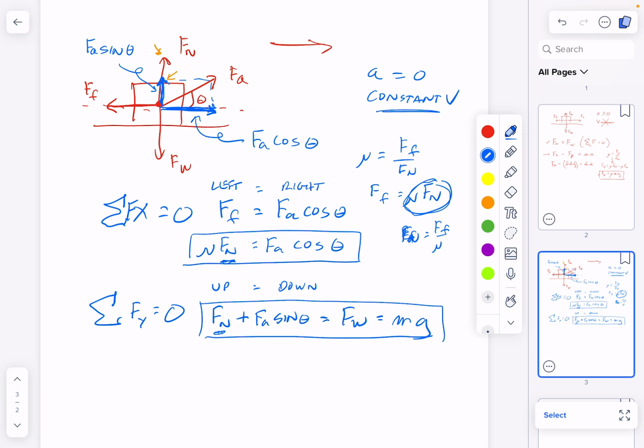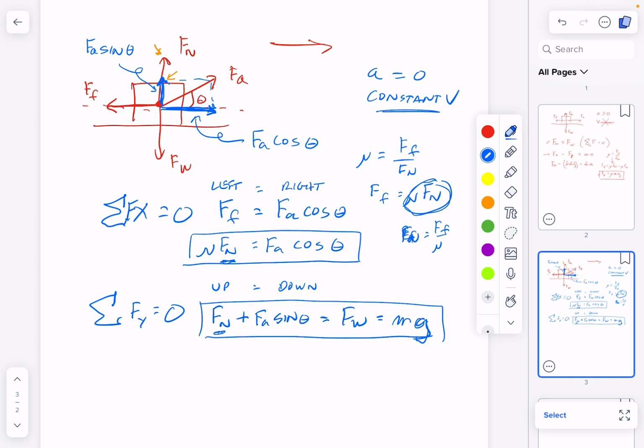And typically, you'd be given mu, and you'd be given your angle, theta. And you know what g is going to be as long as you're on the surface of this planet. And typically you're given mass. And so you have enough information to solve for those other forces.